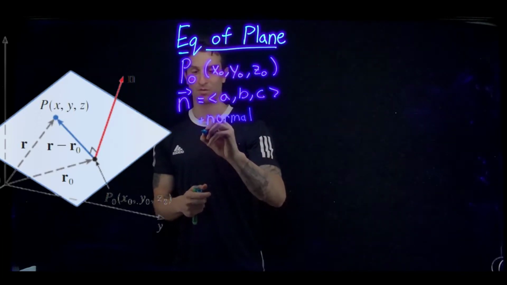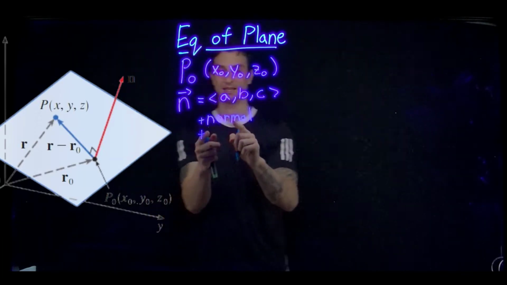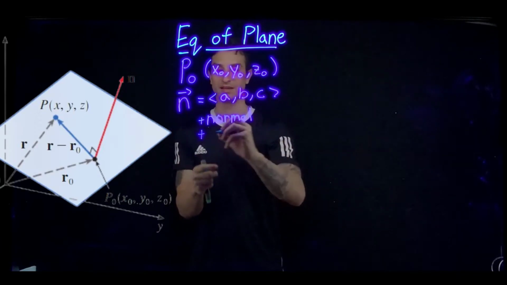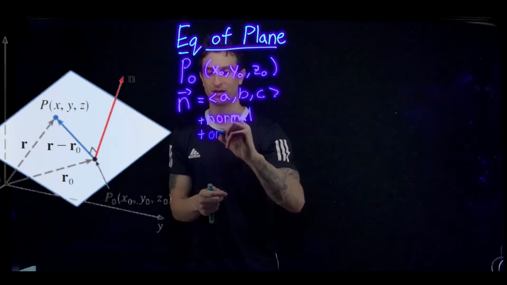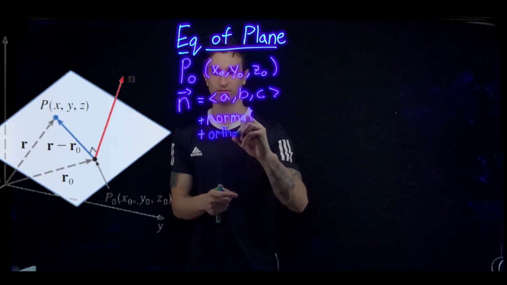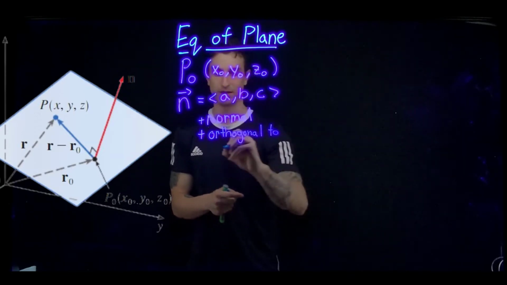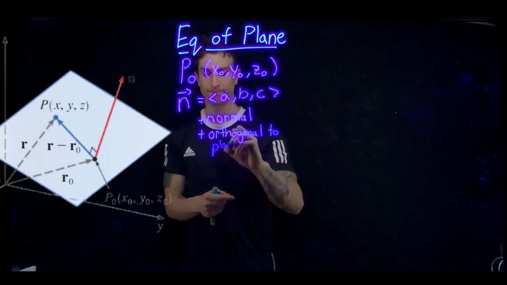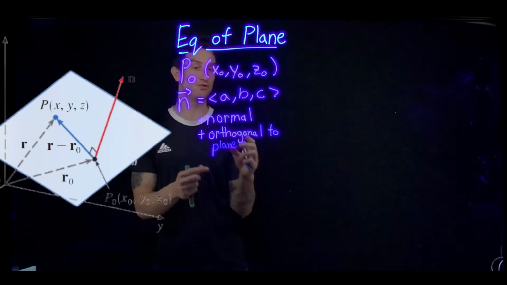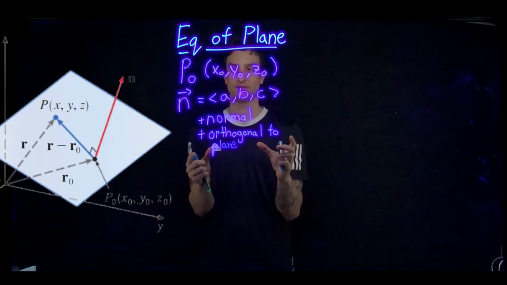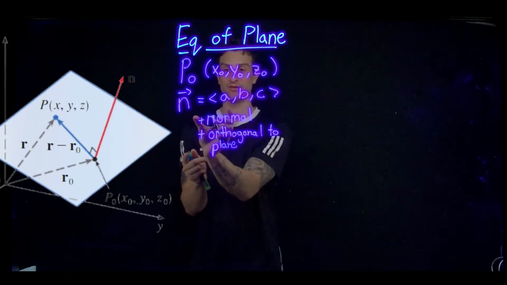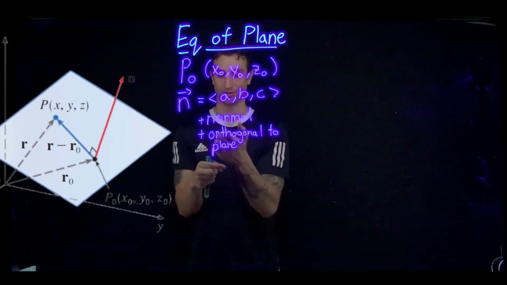And what it means to be normal is that it's going to be orthogonal to the plane, right? And that's the entire plane, meaning if you chose any vector on this plane, n, the normal vector, would be orthogonal to it.